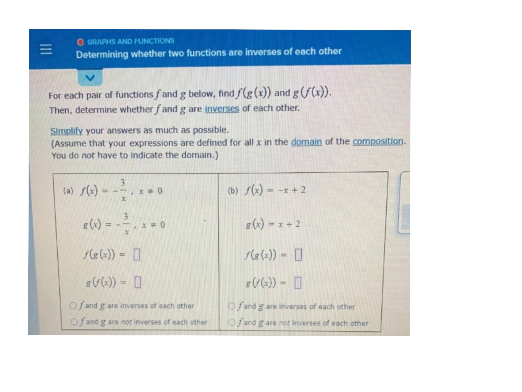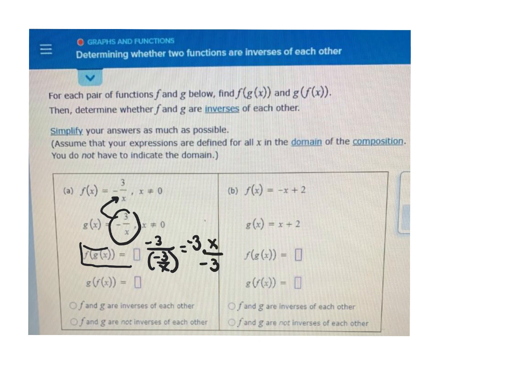So for the first part, for f of g of x, I'm going to put the g function in where I see x in the f function. So that's going to become negative 3 over negative 3 over x. Now, when you're dividing by a fraction, remember, we are going to take the top and keep it the same, and then multiply by the reciprocal of the bottom.